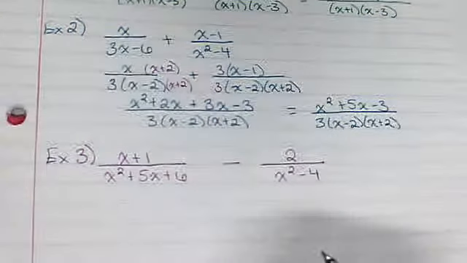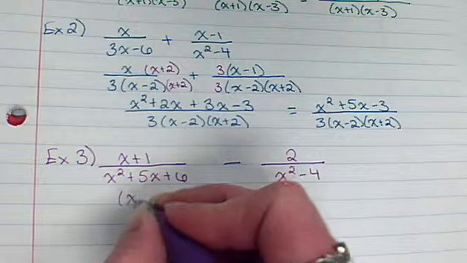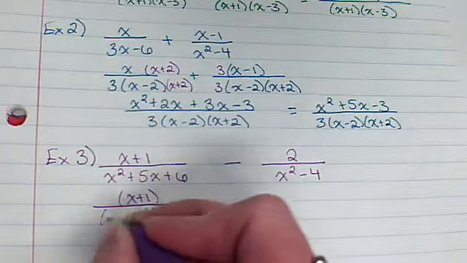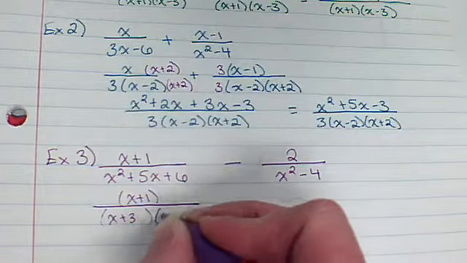So now I want to factor anything and everything I can. This numerator doesn't factor. The denominator, oh, that's an easy one. That's x plus 3 and x plus 2.